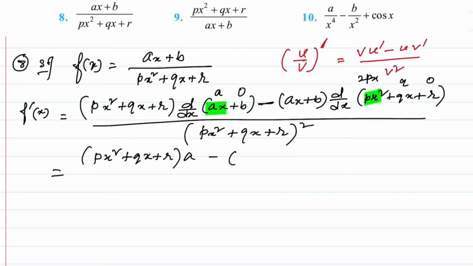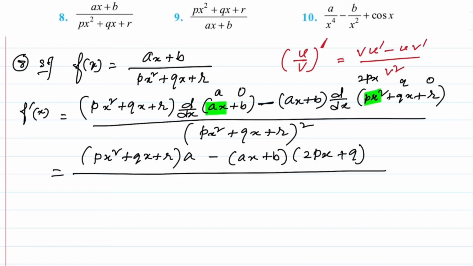So here we have minus ax plus b into 2px plus q, over px square plus qx plus r whole square.